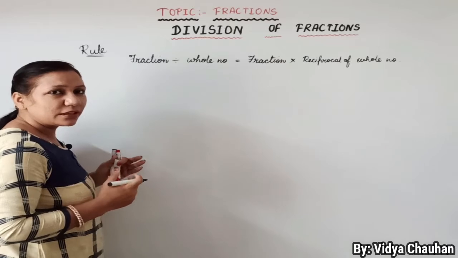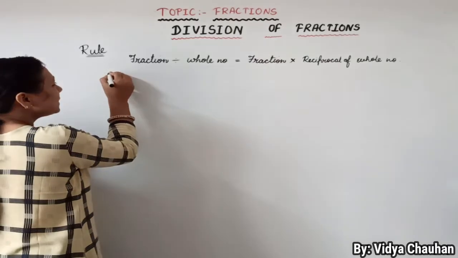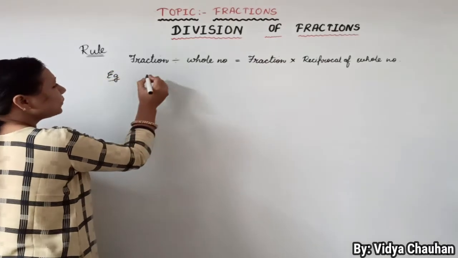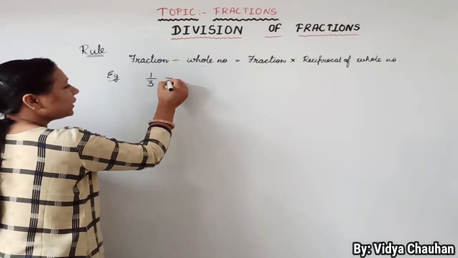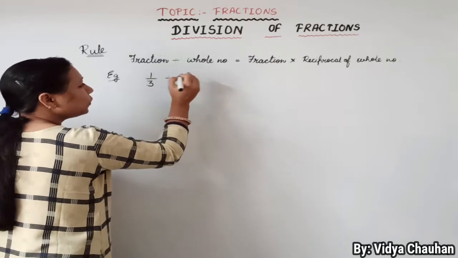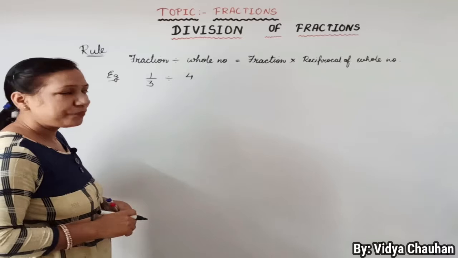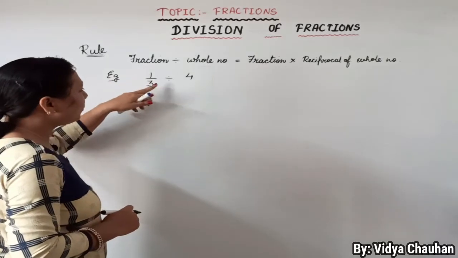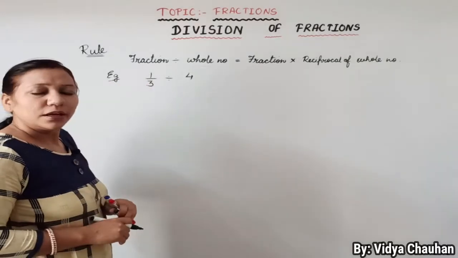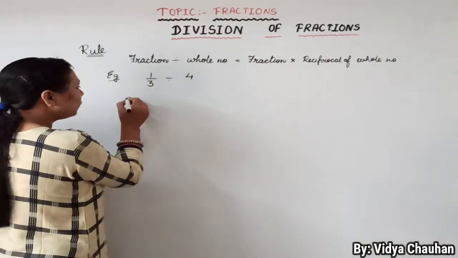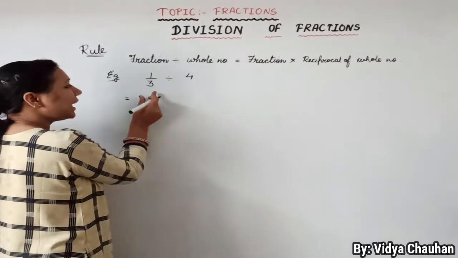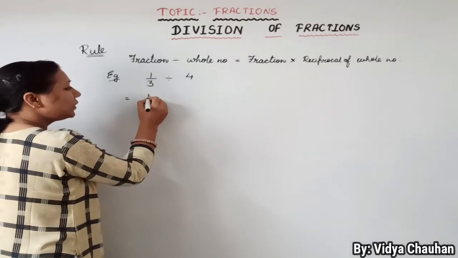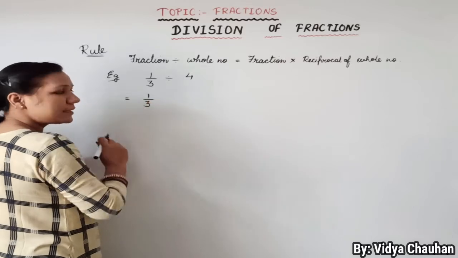Now you must be thinking, what is this rule? So let's take an example. Suppose there is a fraction 1 upon 3 and you have to divide this fraction by a whole number, which is 4. So if it is said to divide 1 upon 3 by 4, what you will do, as per the rule, is write the first fraction as it is. That means I will copy down 1 upon 3 as it is.